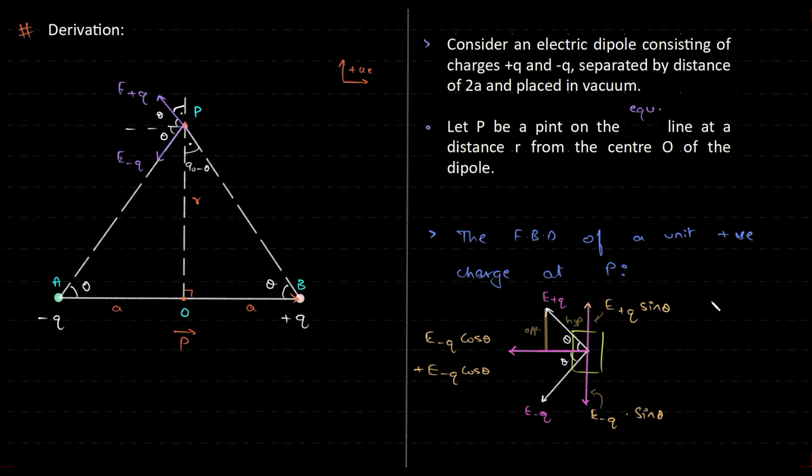Here we are taking right and up as positive, remember. Does it make sense? Right and up as positive, and so left is negative, down is negative.